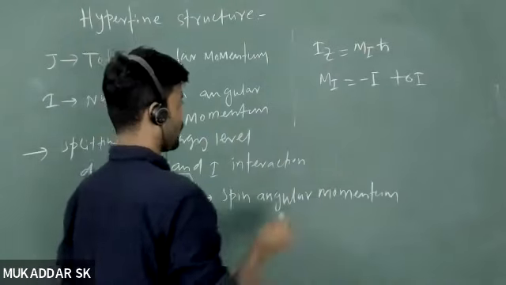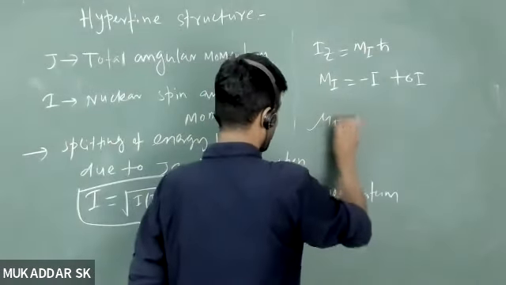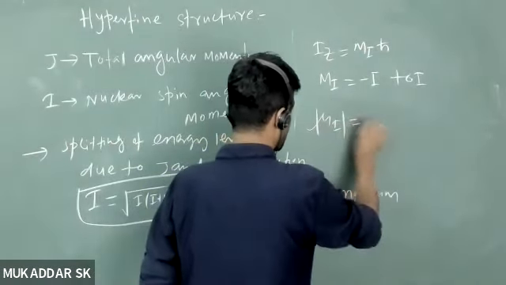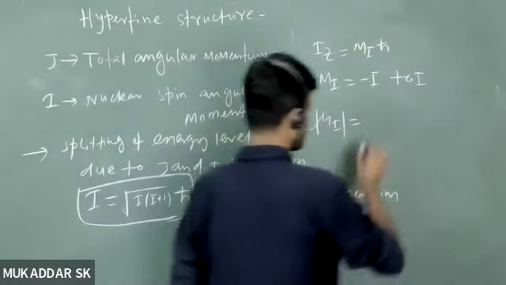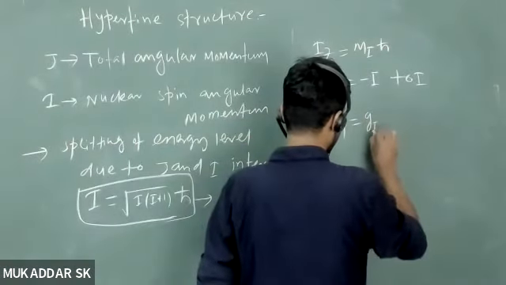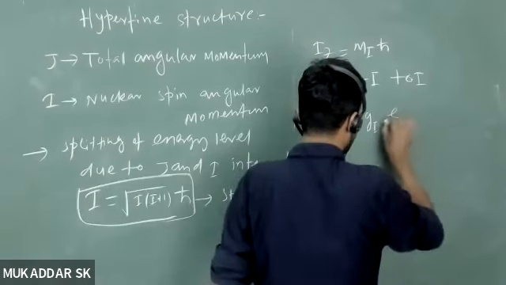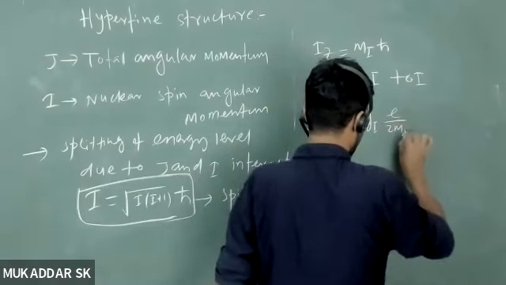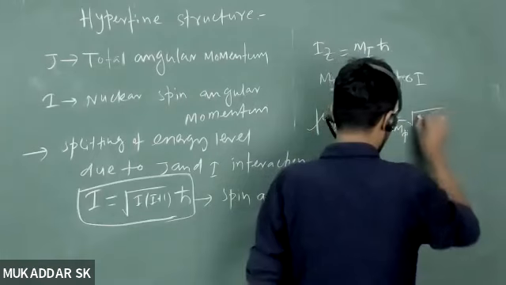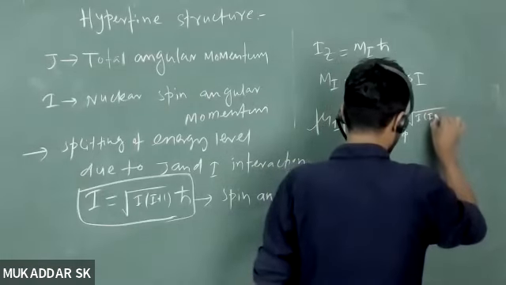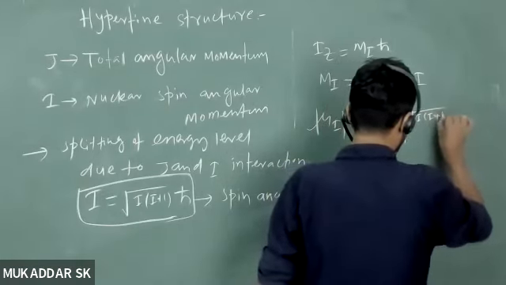And what will be the nuclear magnetic moment? Mu I is here the nuclear magnetic moment, and that will be how much? Landé g factor gi, then e by twice mass of proton, root over I into I plus 1 H cross.